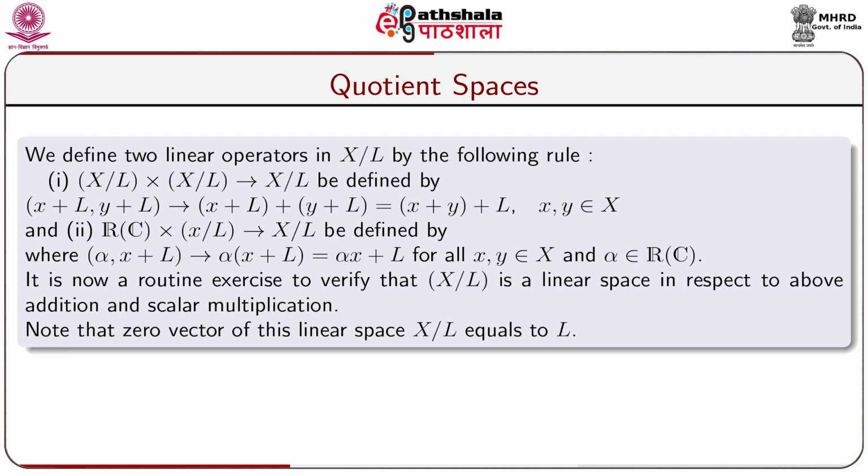That means, the sum of two elements in X by L is again an element of X by L, and the product of any element in X by L by a scalar is again an element of X by L. Note that the 0 vector of this linear space X by L is equal to capital L.